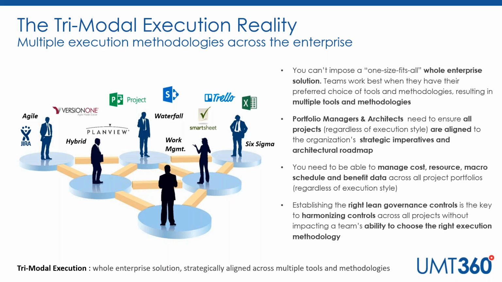And when you have an organization that's relying on different methodologies and different tools, the problem is heightened for the overall enterprise office to be able to establish those minimal controls or lean governance controls, so that they can ensure the execution is aligned with the strategy, and if variables change, they can react, and that can propagate or trickle through to the different investments out there.